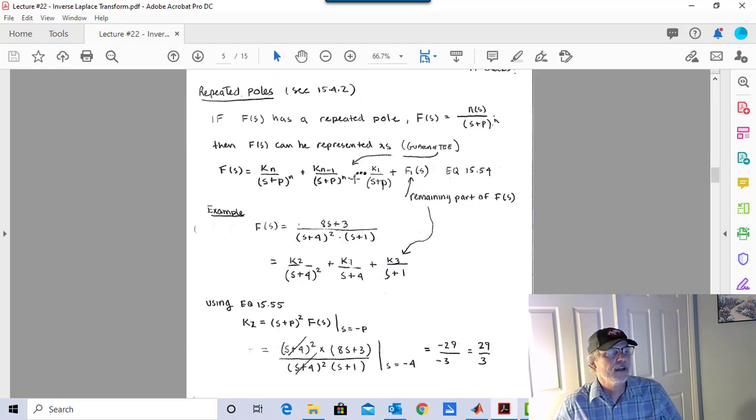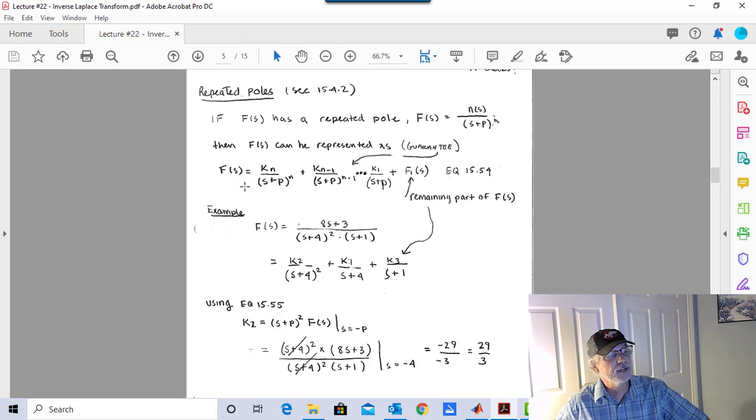So again, thankfully, we have smart people who have given us a guarantee. Here's the guarantee for repeated poles, and here's the mathematical definition, or the formal description.